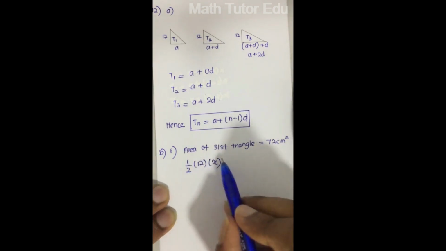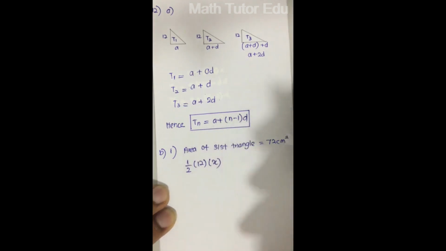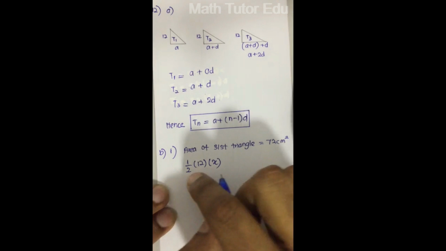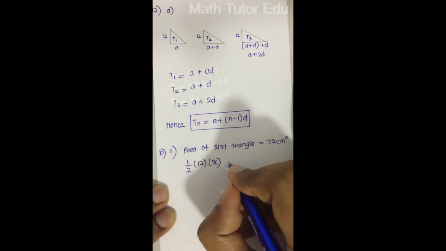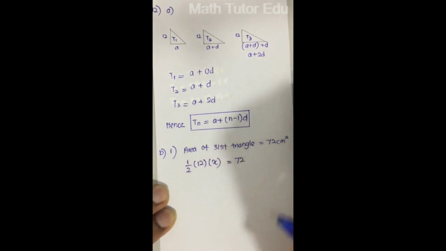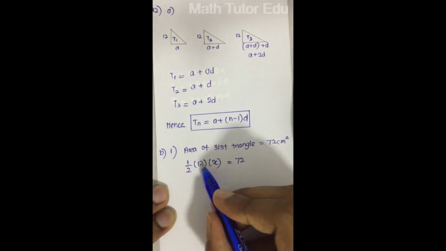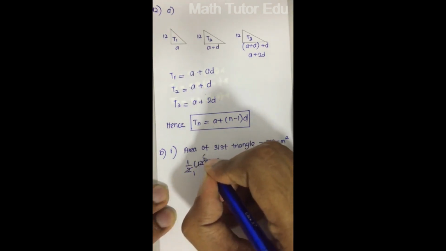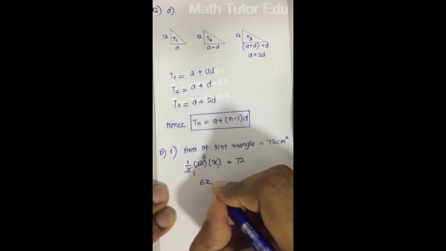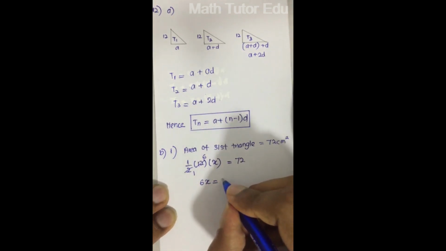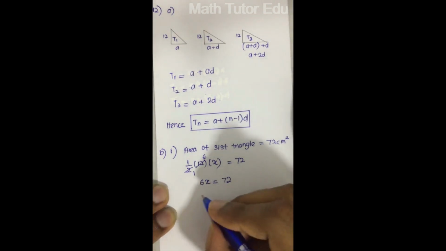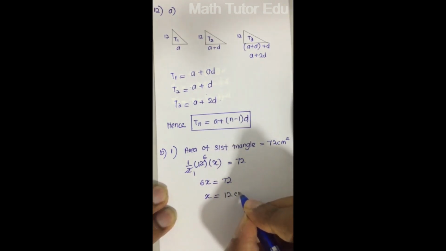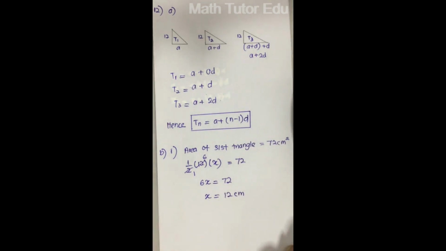They can switch their position front and back, guys. It doesn't matter. Half times base times height, or height times base, should equal 72. Half times 12, you simplify this, you get 6. So 6x equals 72, and from here you get x equals 12 centimeter.